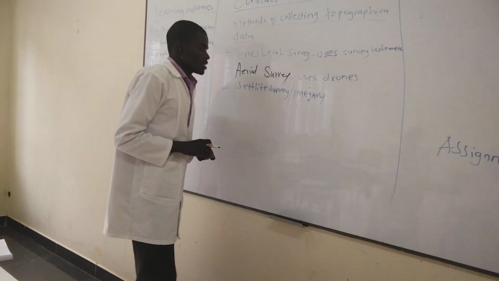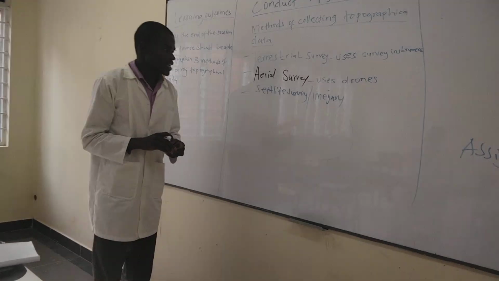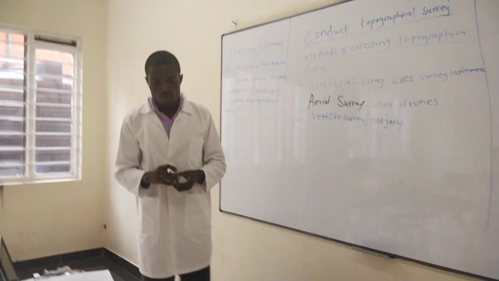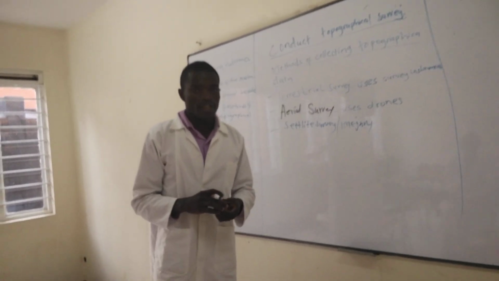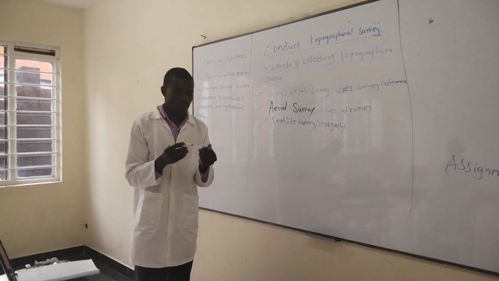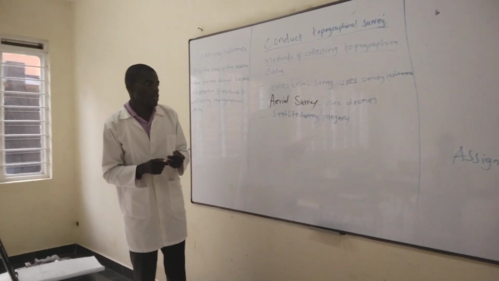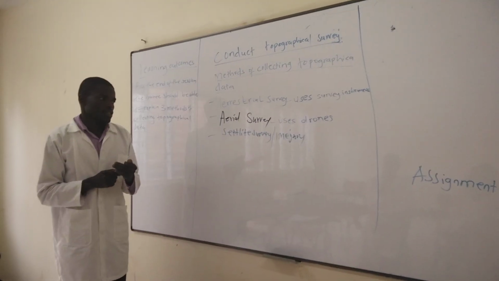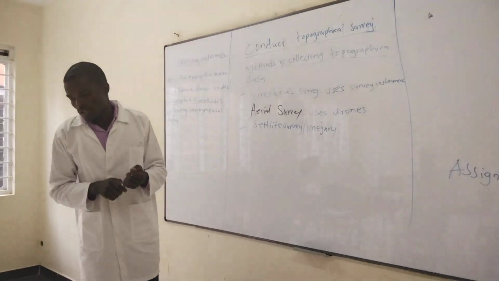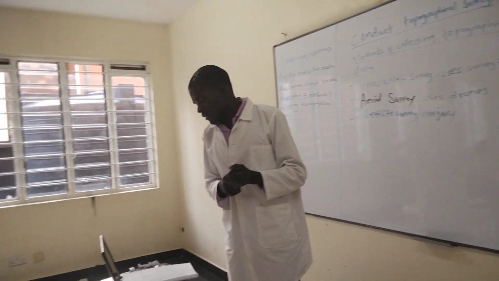A satellite survey is a process whereby you collect data without necessarily being there. We collect data remotely without necessarily being at that point. This is the method of collecting topographical data using remote sensing satellites.